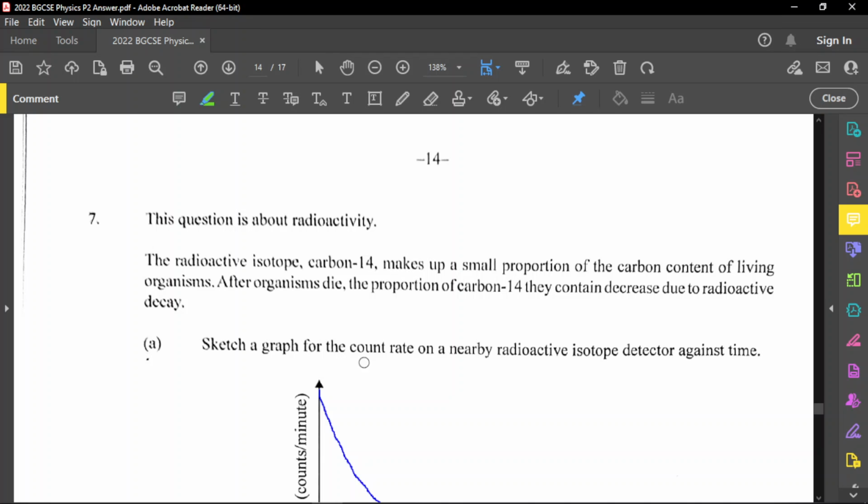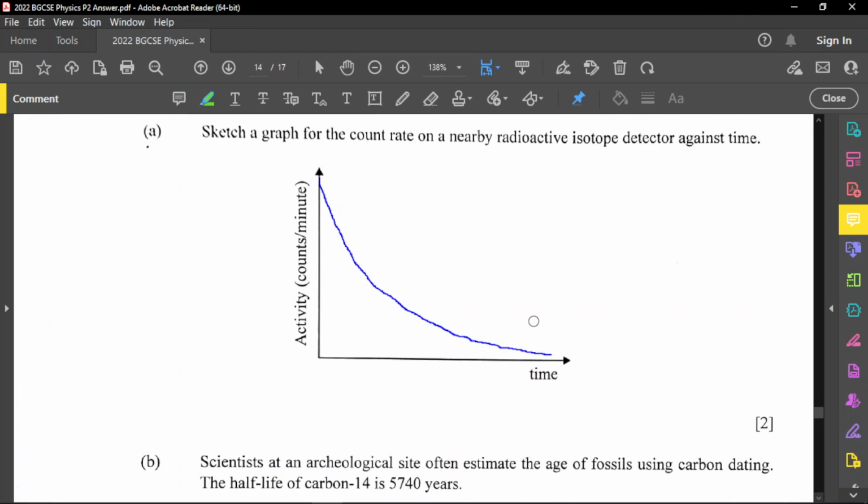It's a scatter graph of the count rate on a nearby radioactive isotope detector against time. And if you notice that it's declining, because what will happen over time is that half the nuclei will decay. All right, and so it shows the decrease with time because it is decaying, or breaking down by half the nuclei each time.